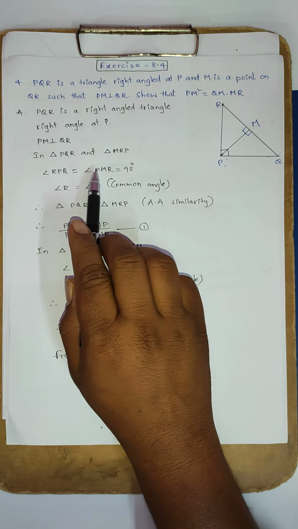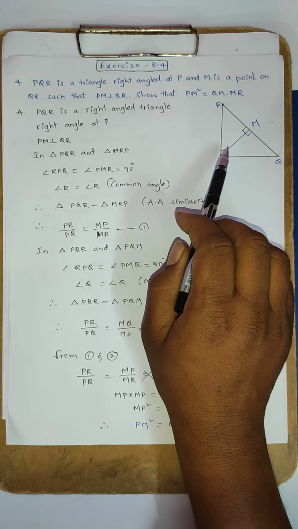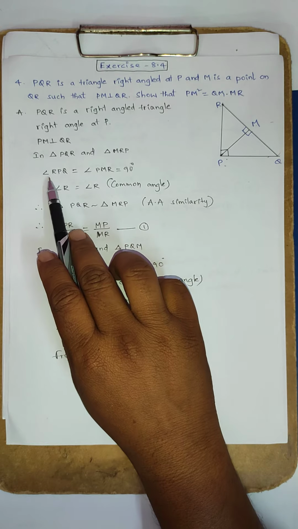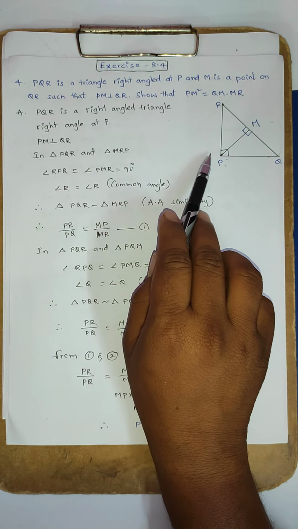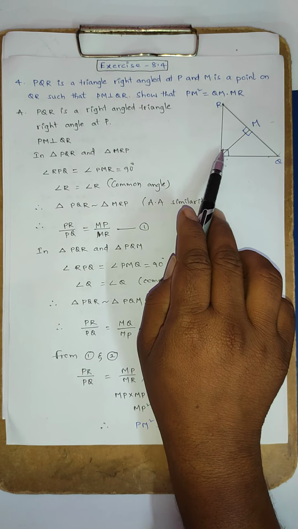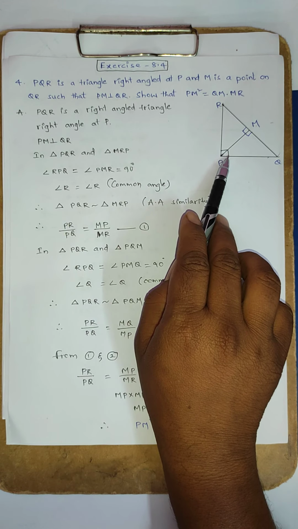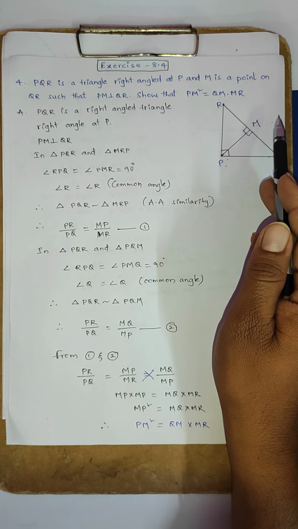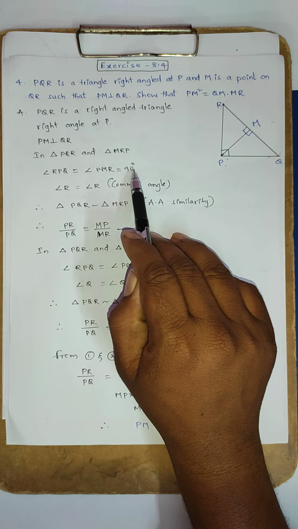Angle RPQ and angle PMR, this angle and this angle, both are right angles, 90 degrees.